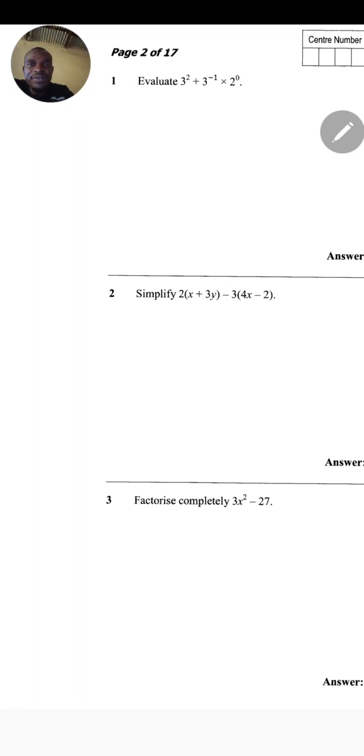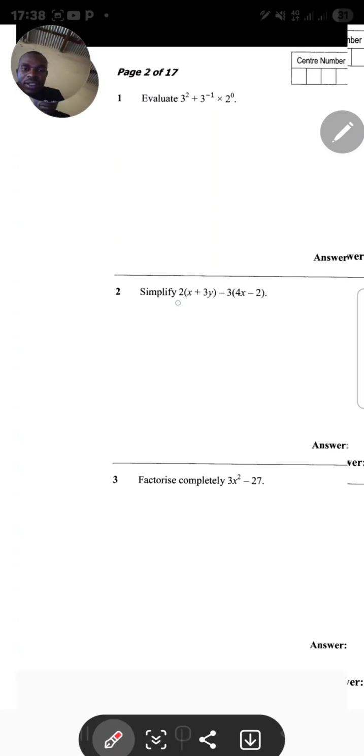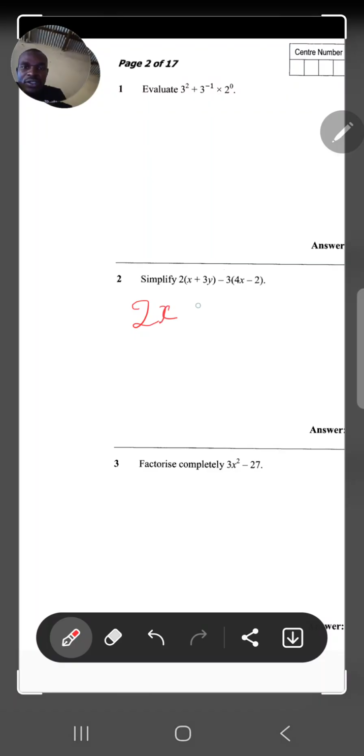So how do we simplify this? To simplify this, we are simply going to distribute the numbers outside the brackets. 2 times x gives us 2x.